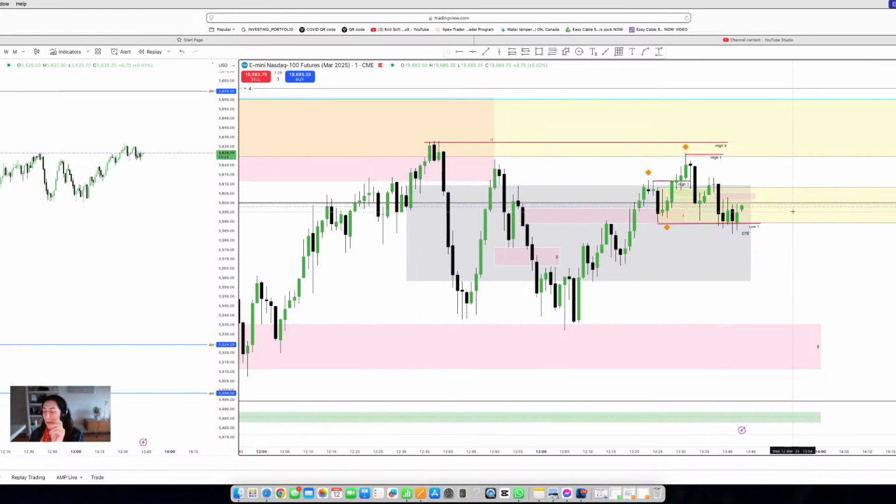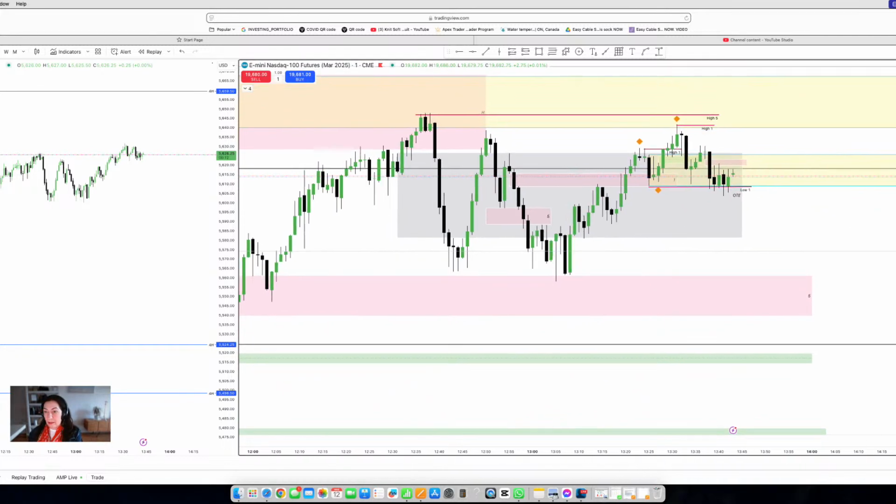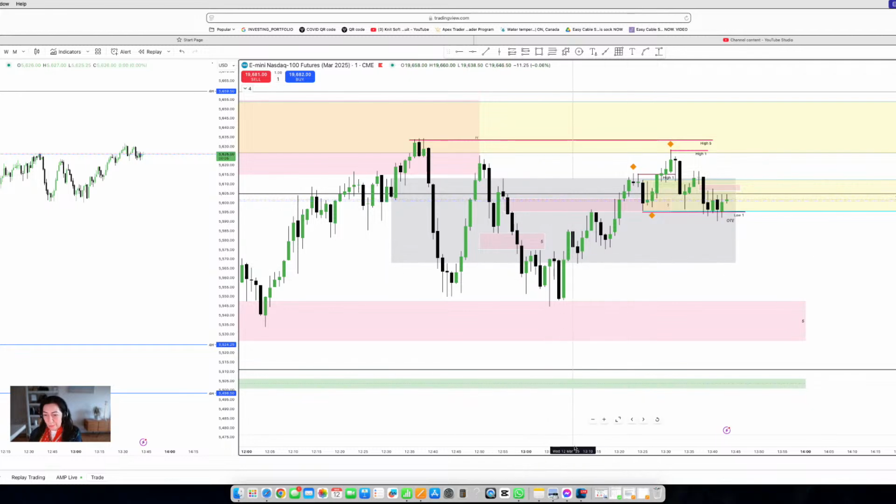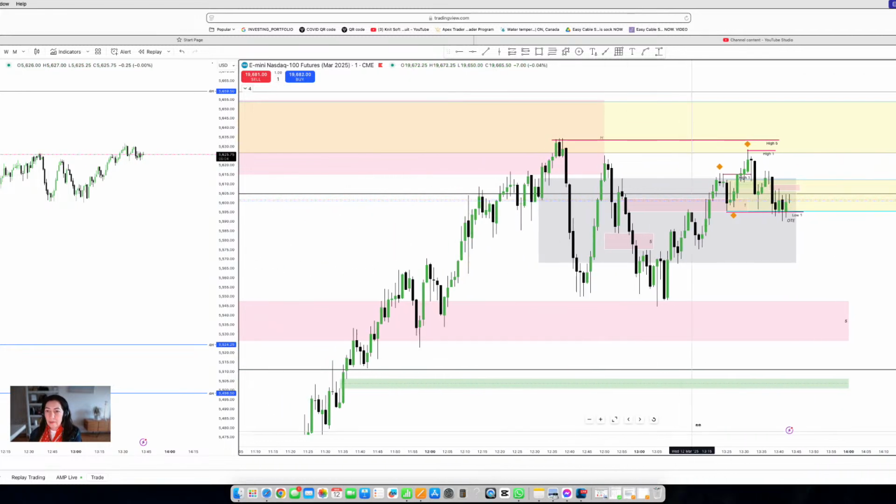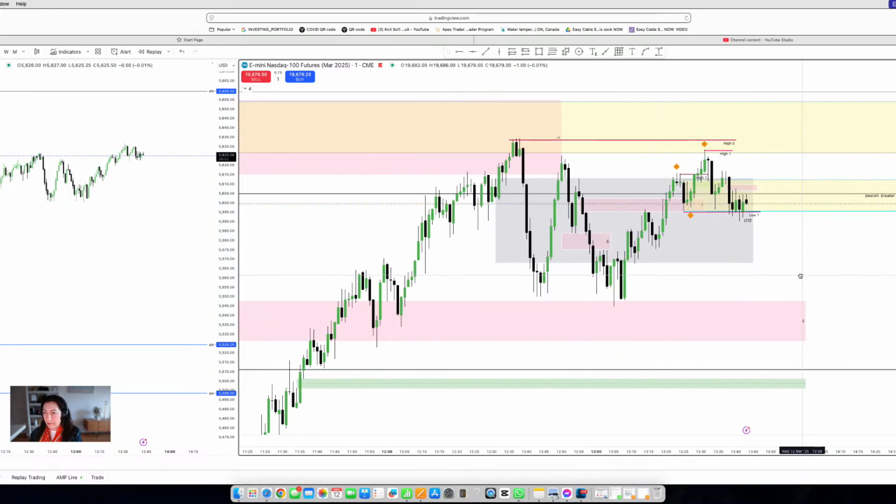The thing about this bearish breaker that I'm just not crazy about is the fact that the liquidity is high resistance liquidity. And it's a 1 minute bearish breaker, so it's better to see a 5 minute bearish breaker.